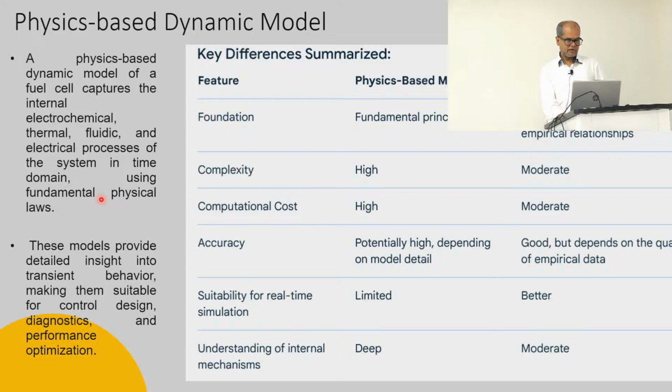This model gives very detailed insight into transient behavior, which is good if you want to design robust control and also do performance-level optimization. Again, I am going to skip this comparison. The only thing is that complexity and computational cost will be higher, but its accuracy will be better than the other two.